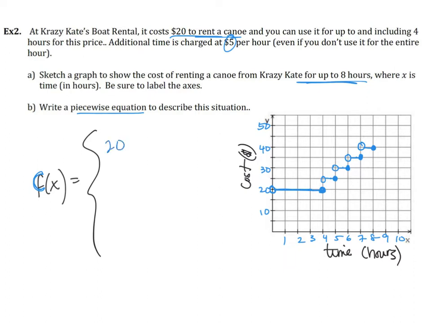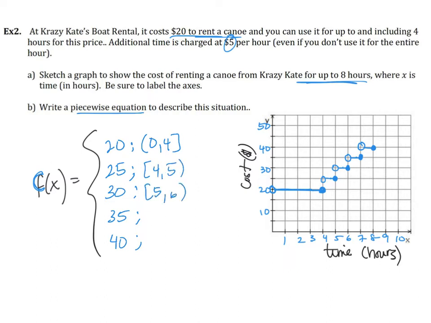So one where I'm going to have a constant of $20, $25, $30, $35, and $40. And now all I'm doing is identifying the domain. The domain is 0 to 4, and then it's 4 to 5, 5 to 6, 6 to 7, and finally 7 to 8. So that is what you should have had.